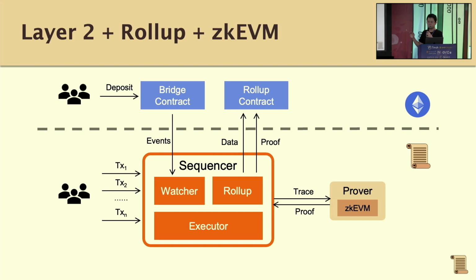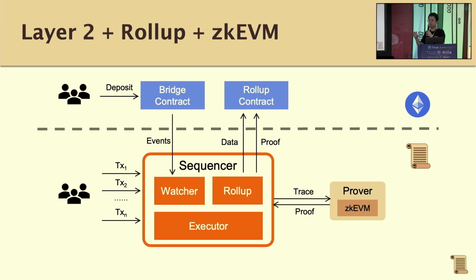And then if you want to build the zkEVM, or for an optimistic rollup, you will have some fraud proof. So in the zkEVM case, you have an extra node called a prover. That's going to run the zkEVM circuits, generate the proof, and then send that back to the rollup to be verified and finalize any batches, any transactions and blocks that happened in layer 2.